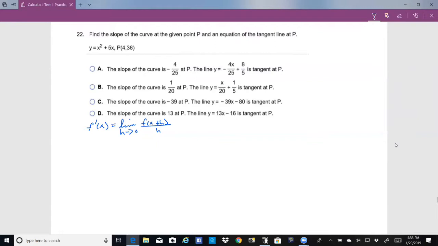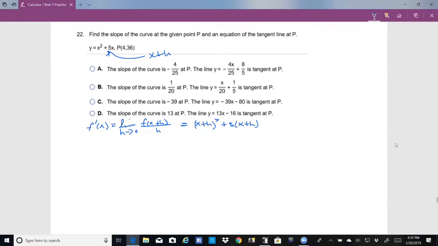In this particular case, we're going to get x plus h squared plus 5 times x plus h, because we're plugging in x plus h for every value of x that we see.